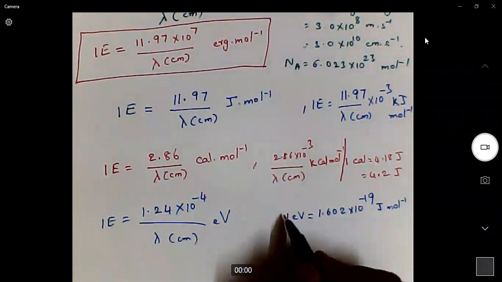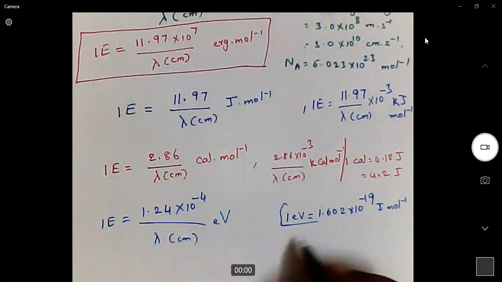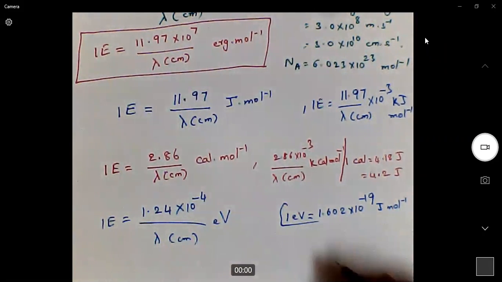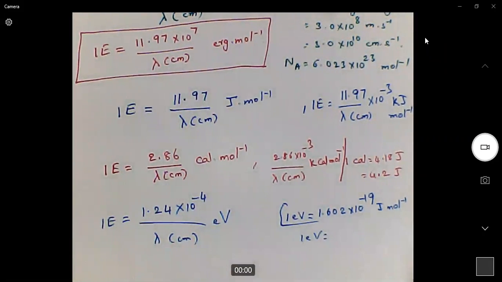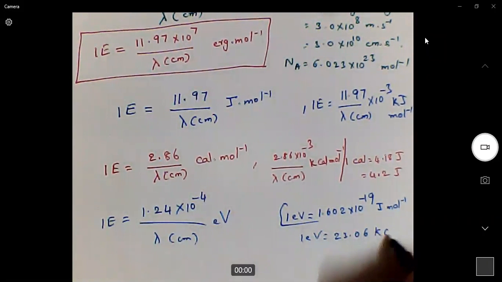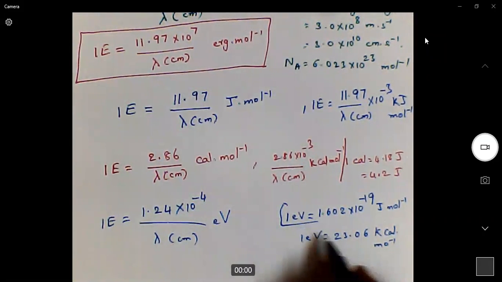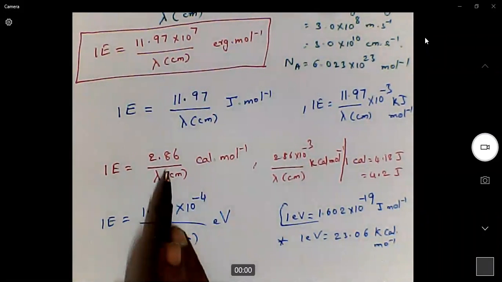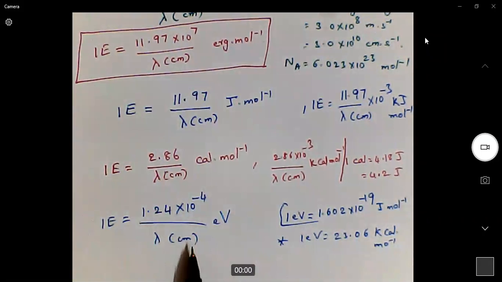Yeah, we don't use this formula. We use 1 electron volt is equal to 23.06 kilocalories per mole. We will utilize this formula. We will substitute here so that you will get this.